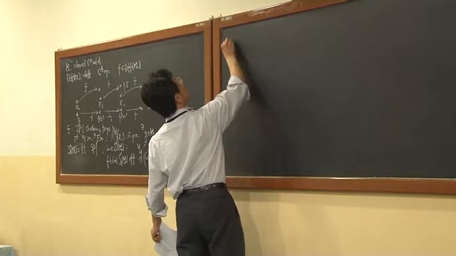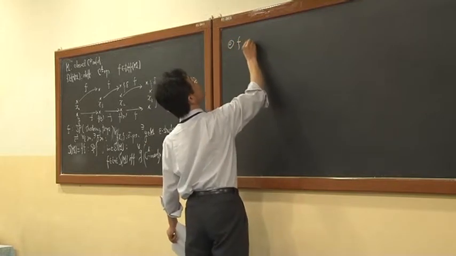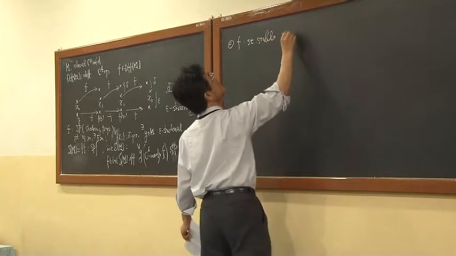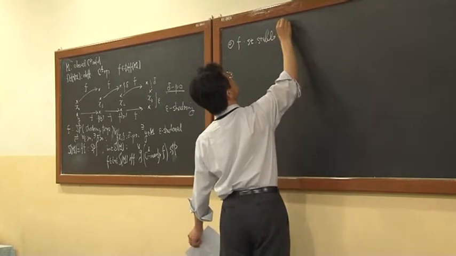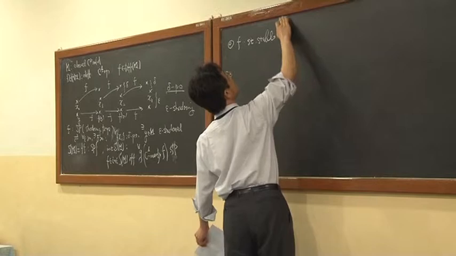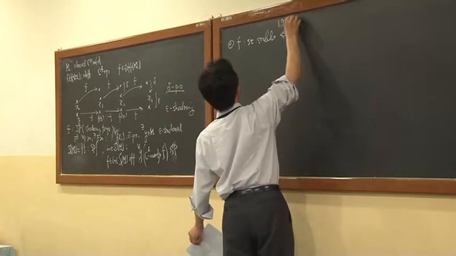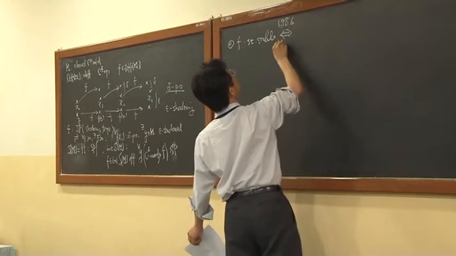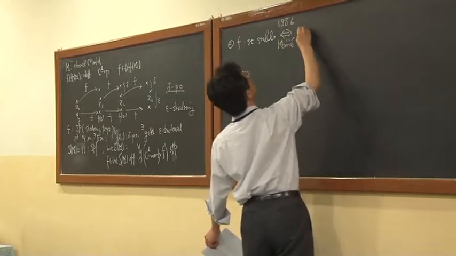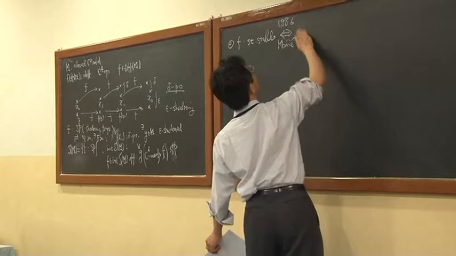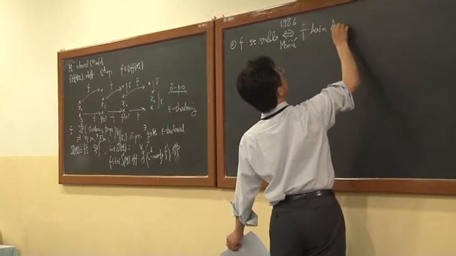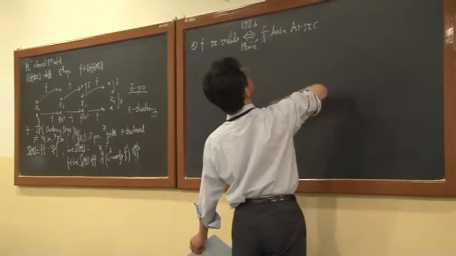It is well known that f is structurally stable if and only if, this is by Mañé, maybe it's 1988 or so, Axiom A and the strong transversality condition.